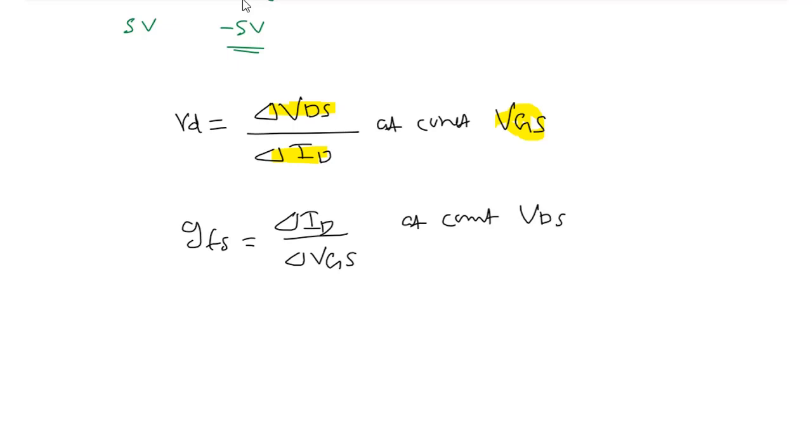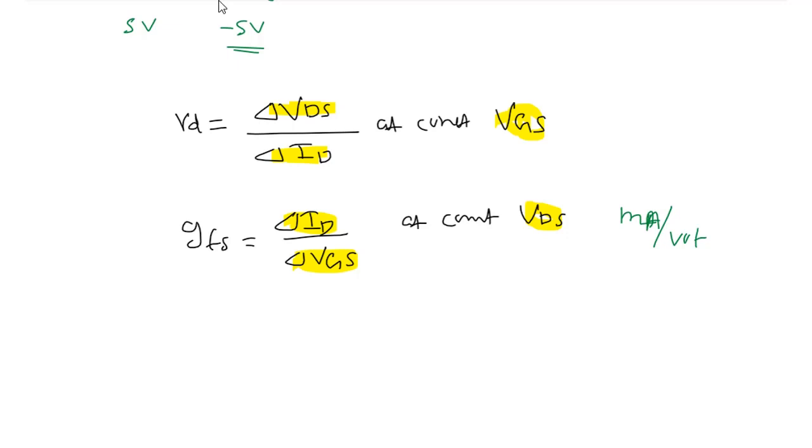So it is the ratio of the change in the drain current delta ID to the change in the gate source voltage delta VGS at constant VDS, or at constant drain source voltage VDS. So what will be the unit here? The unit will be here milliampere per volt, because the equation is current by voltage.